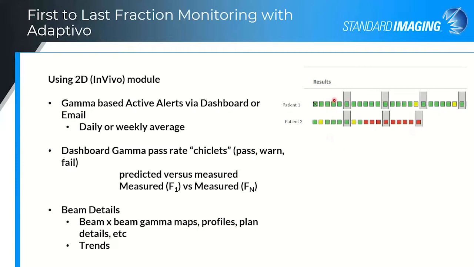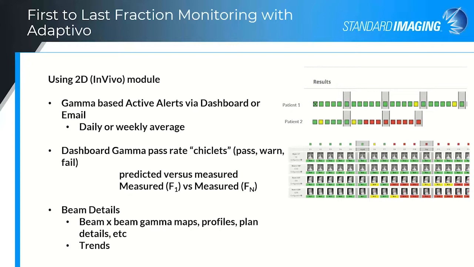And so your dashboard would have a much longer list. But just to give you the idea what the dashboard would look like, and it shows the predicted versus measured, or the measured versus measured gamma pass rate results, depending on which is flagging an alert.